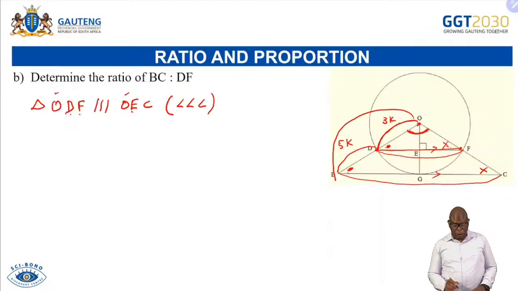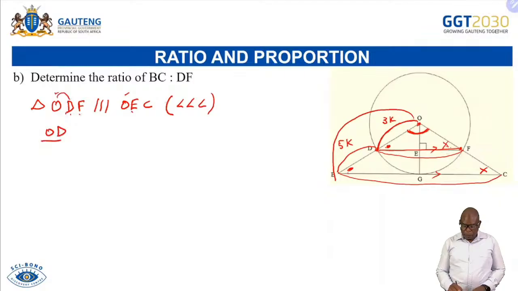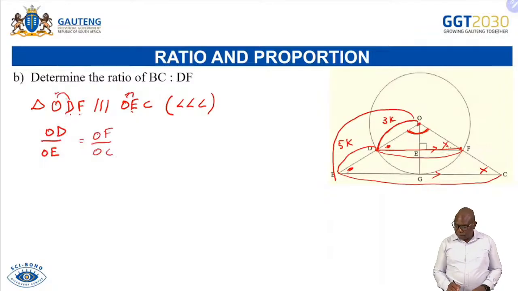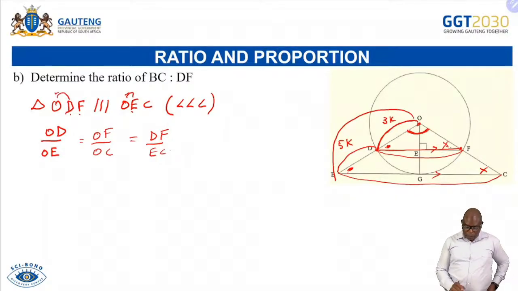So let me write down the ratios. I can say OD over OE, then OF over OC, then another one, DF over EC.